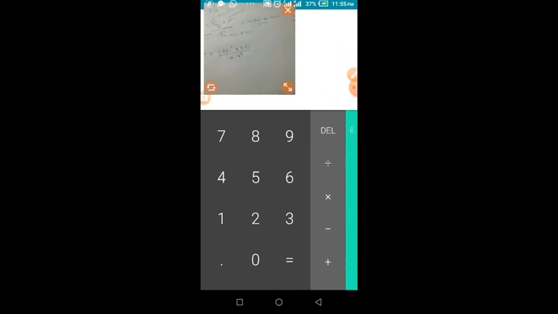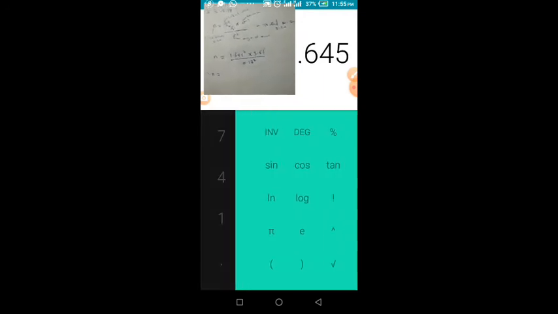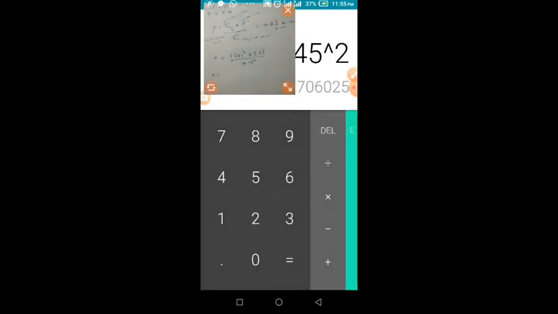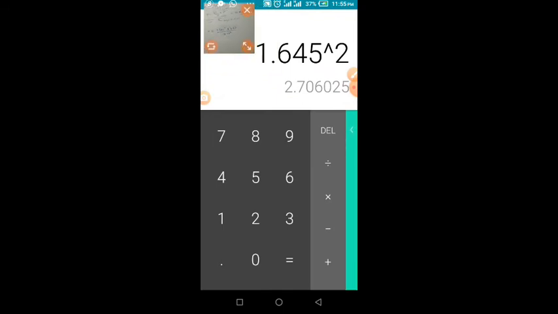Okay, now 1.645 square times 3.61. That will be 9.768 approximately.